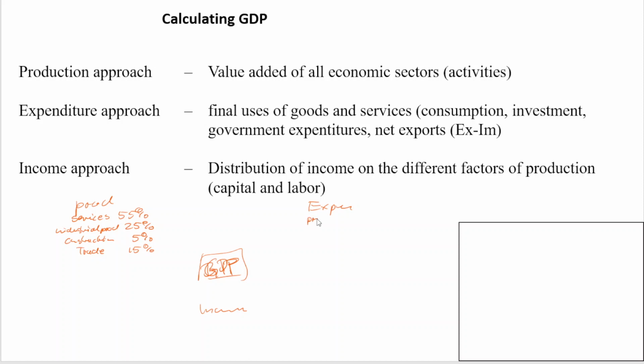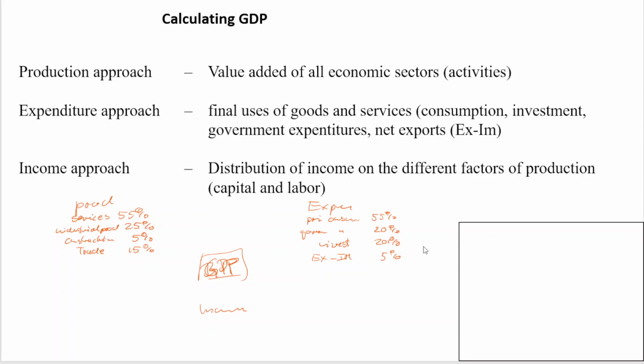Expenditure: private consumption, roughly 55, government consumption, roughly 20, investment, roughly 20%, and X minus M, roughly 5%.